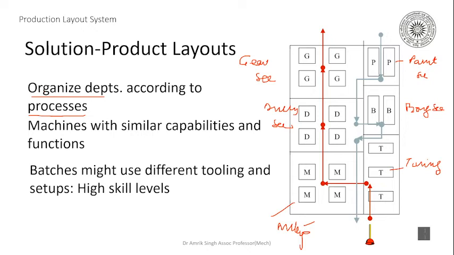So the machines are with similar capabilities and functions. Batch might use different tooling and setup, and high skill levels are required. So this way we go for the product type of layout.